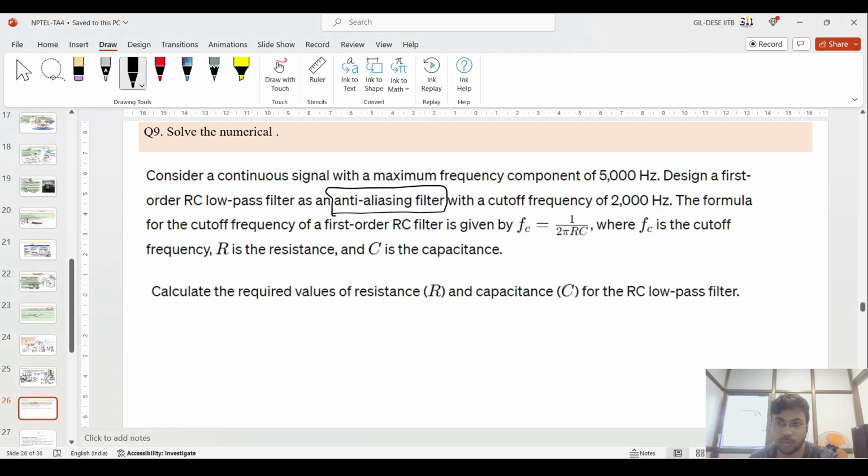Ritika is saying 7.95 into 10 to the power minus 8. Okay, it means it will be C, I'm guessing. Ritika, is it C or is it R? R should not be at a lower level, so I'm considering it as C. 7.95 into 10 power minus 8. Okay. What will be the R value?